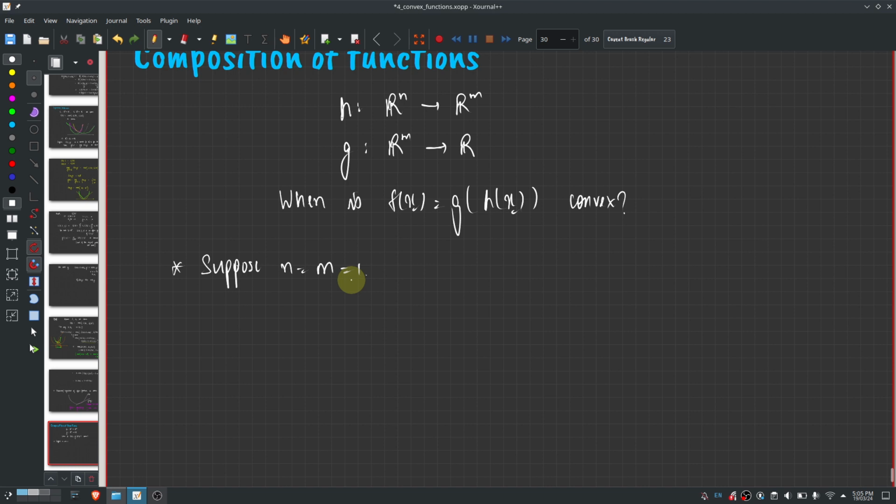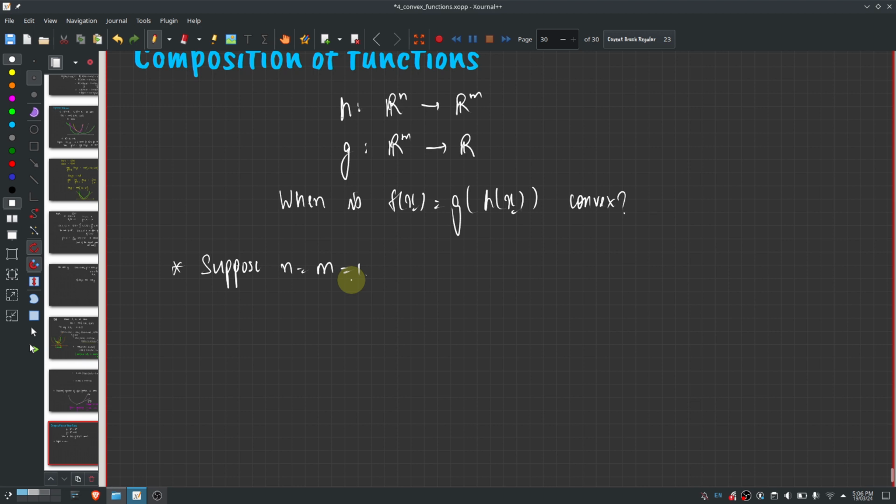If g is convex and h of r plus 1 plus 1 minus r plus 2 is equal to... But when can that happen? Only if it is affine, right? So surely if h is affine, then we're done. We don't have to worry about it. But can we come up with other conditions?